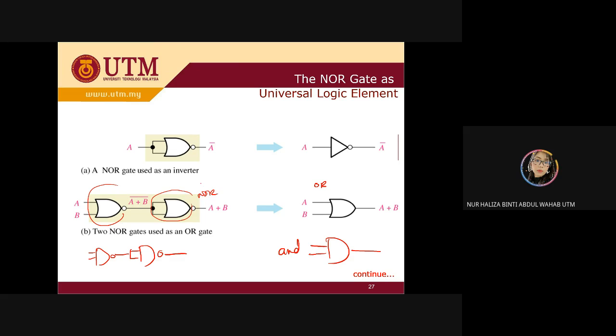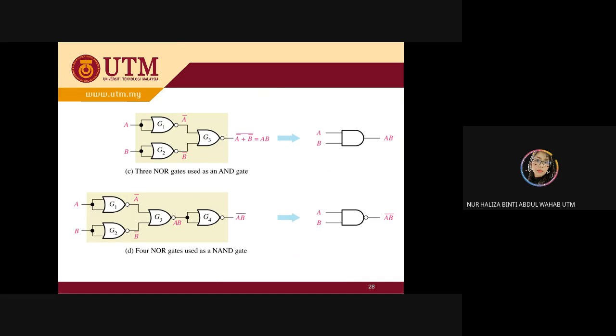Two NOR gates, you're going to get OR gate. Two NAND gates, you have AND gate. Similar to this part also, when you have three NOR gates, you have AND gate. But when you have three NAND gates, you're going to get an OR gate. So you need to remember in terms also of the connection and the representation. And lastly, the four NOR gates will be getting the NAND gate. And for NAND gate, if you still remember, it's going to be your NOR gate.